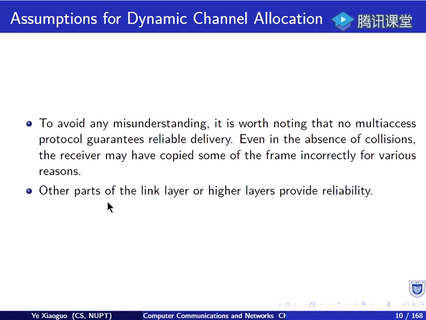The other parts of the link layer or higher layers provide reliability. For example, we can use TCP or other reliable transmission protocols to guarantee reliable end-to-end transmission.